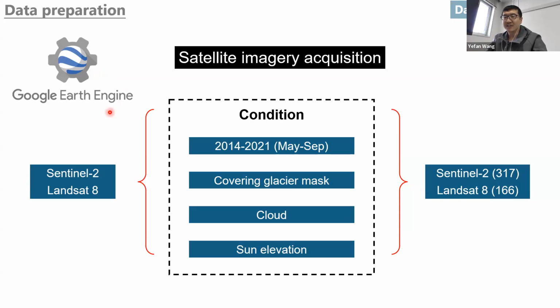On this platform, I use Sentinel-2 and Landsat-8 data and set some conditions for the time from 2015 to 2021, as well as the glacier mask, the cloud conditions, and the sun elevations. I joined these conditions together and filtered the data, and finally I got 317 Sentinel-2 images and 166 Landsat-8 images.